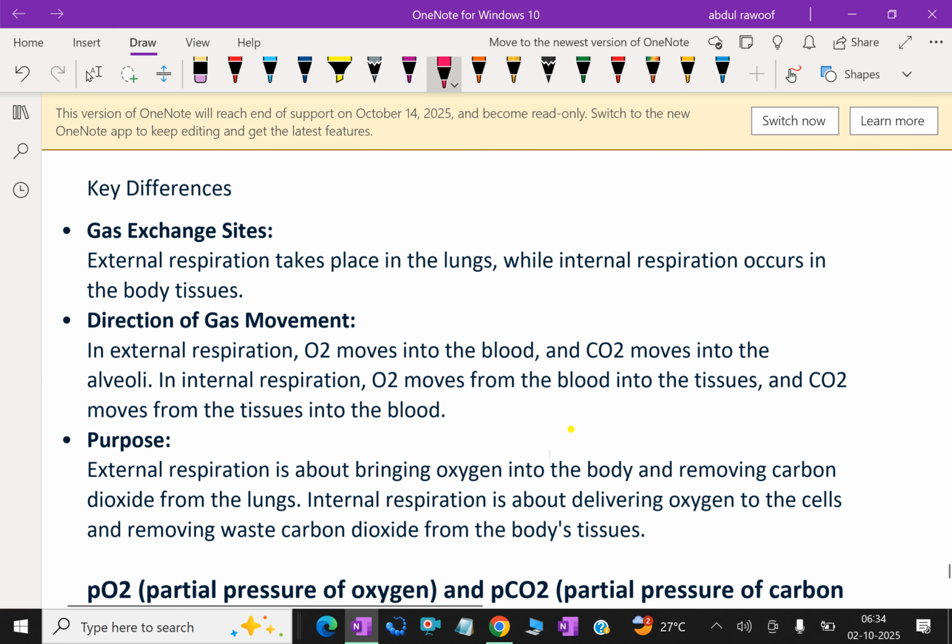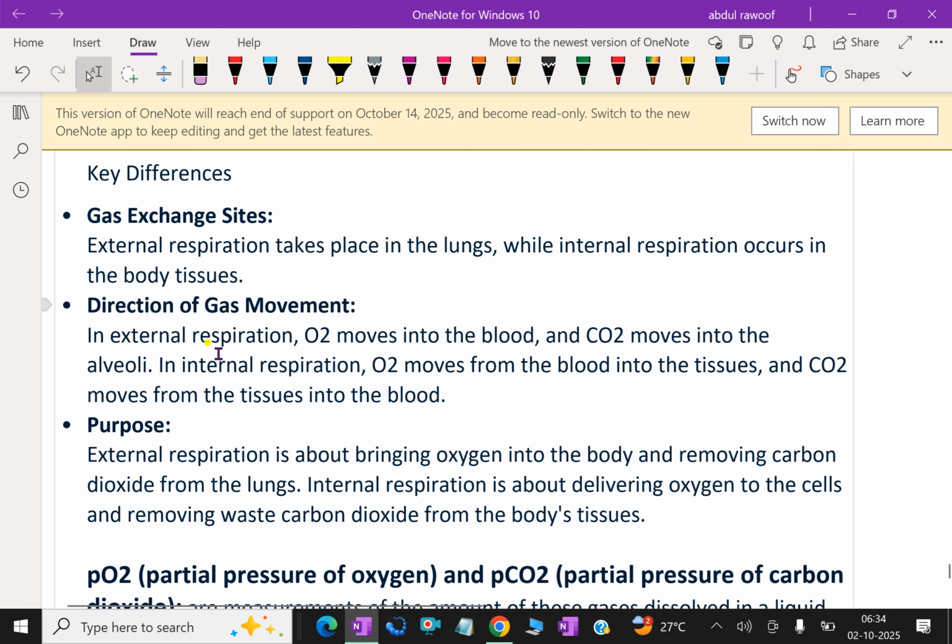Key differences: gas exchange sites. External respiration takes place in the lungs while internal respiration occurs in the body tissues. Direction of gas movement: in external respiration, O2 moves into the blood and CO2 moves into the alveoli.